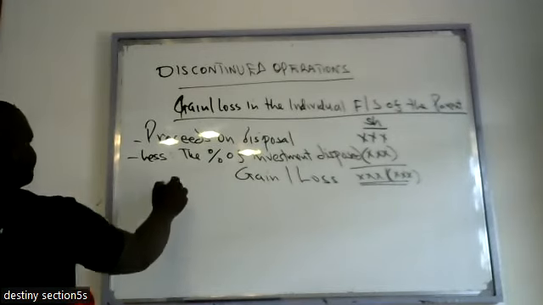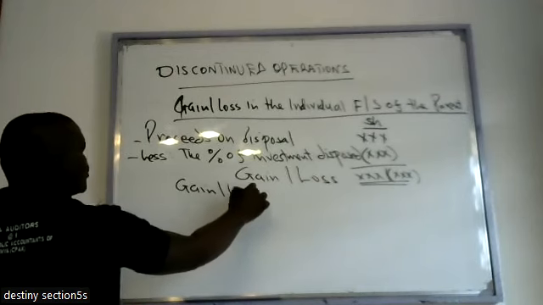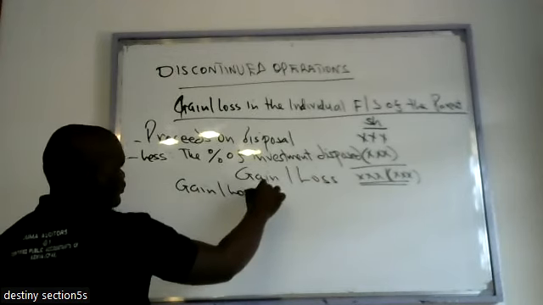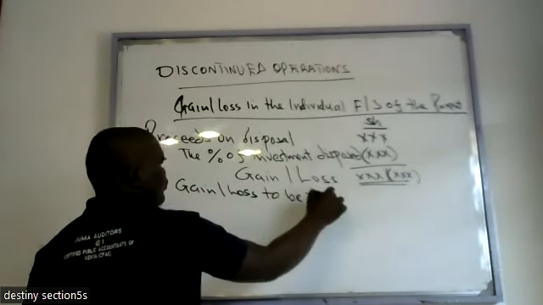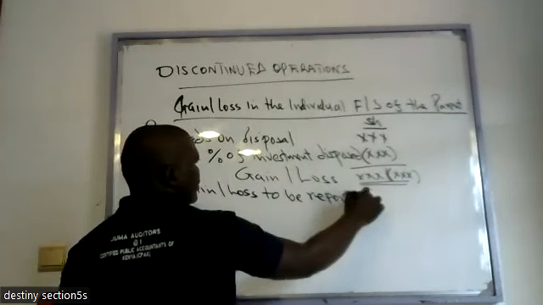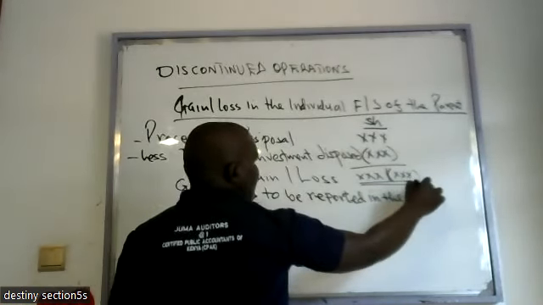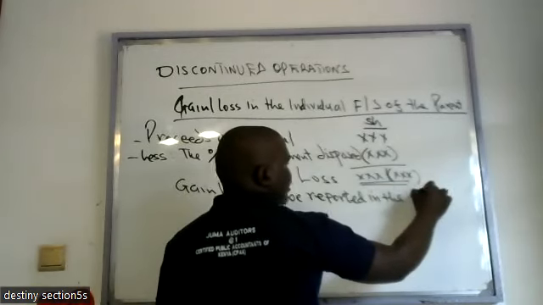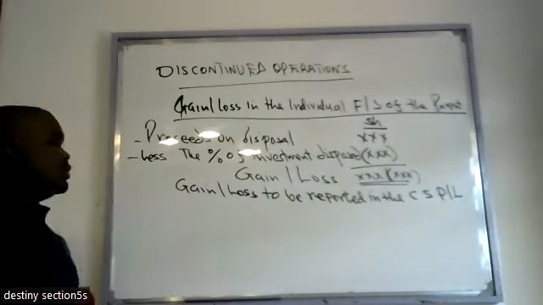So you say gain/loss to be reported in the consolidated statement of profit/loss. That way.